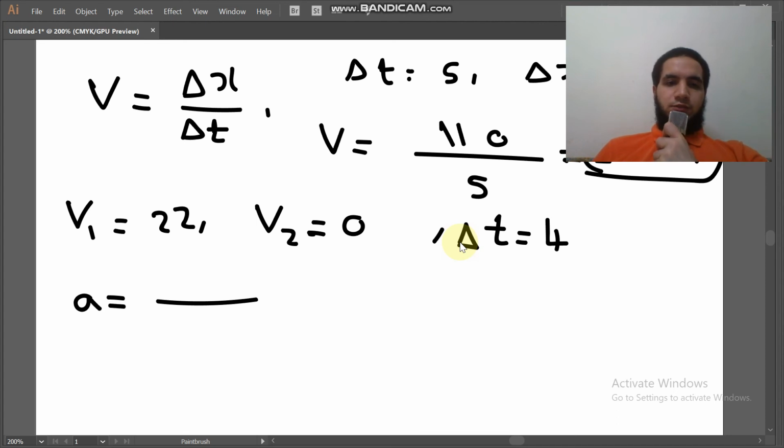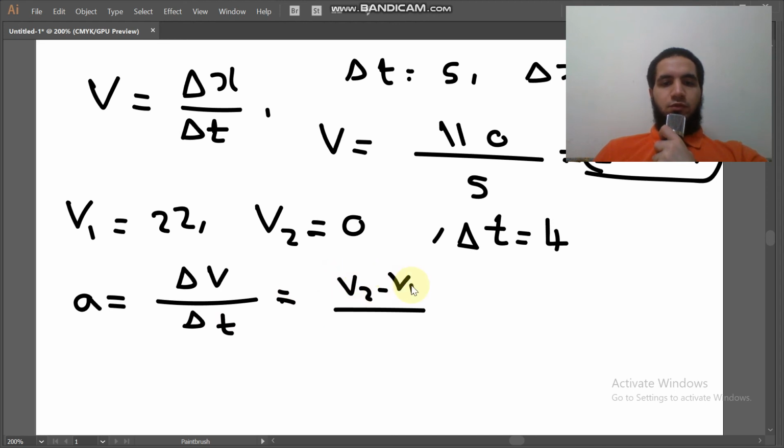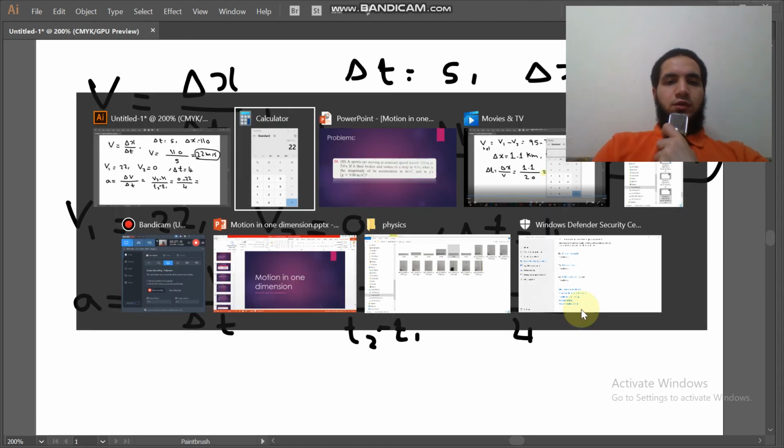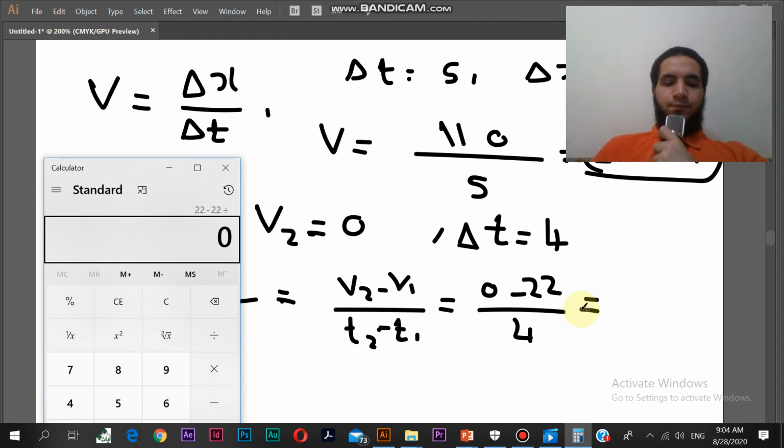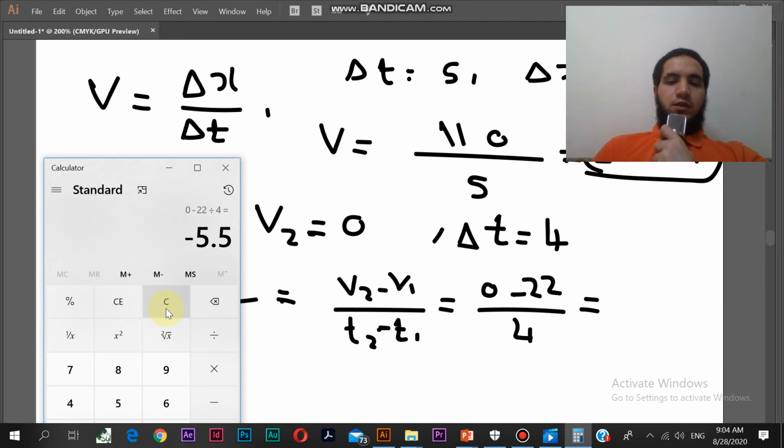So acceleration equals delta v over delta t equals v2 minus v1 over t2 minus t1, but we have the term delta t already, so it equals 0 minus 22 over 4, so it will equal negative 22 over 4 equals negative 5.5.